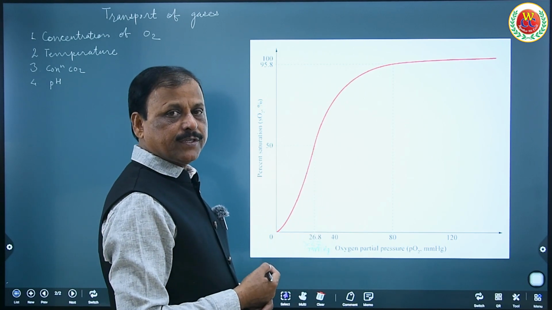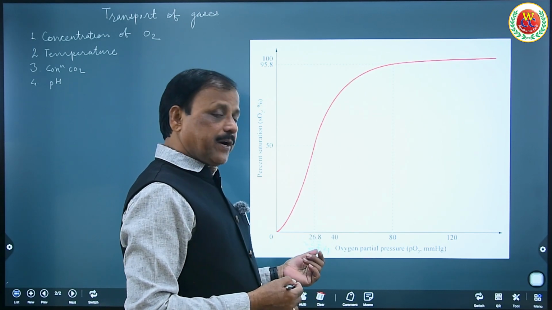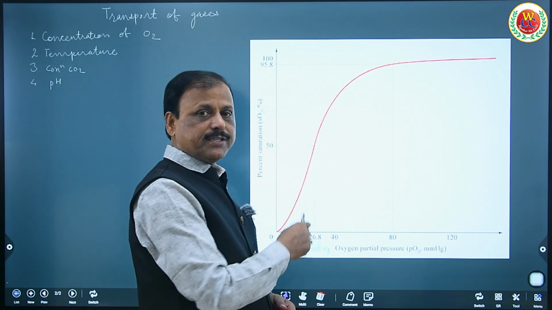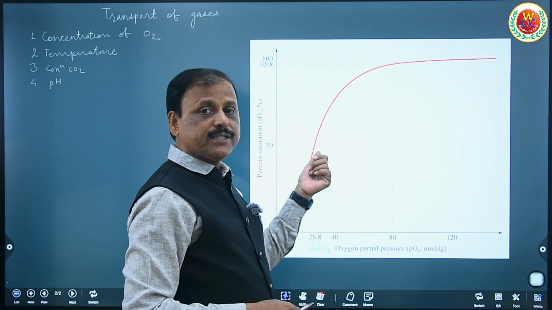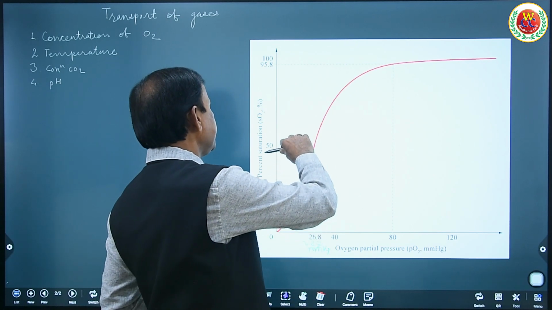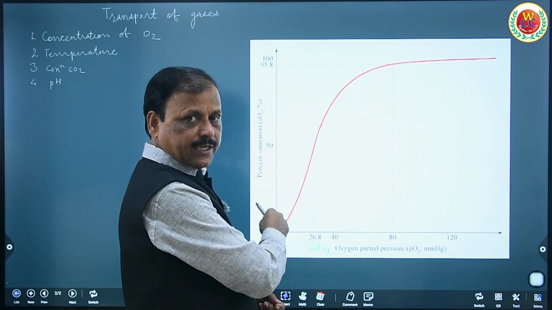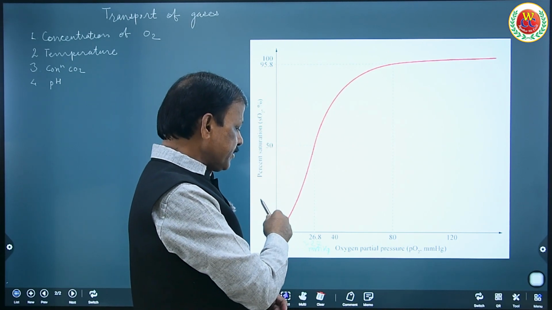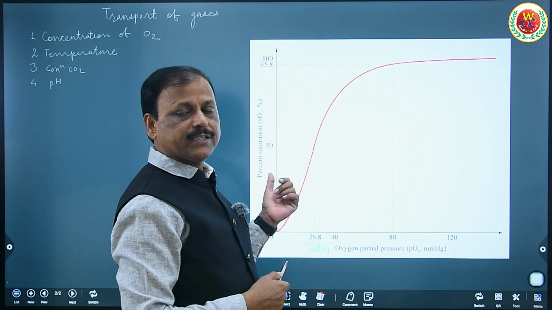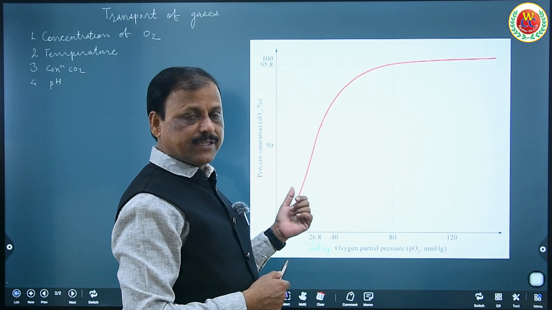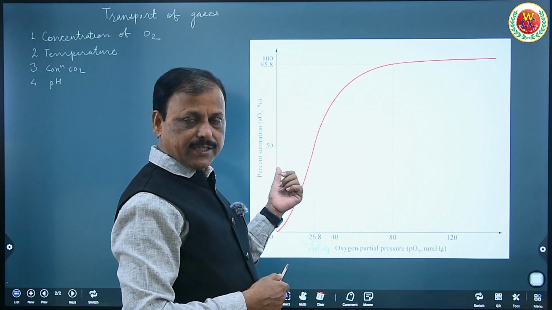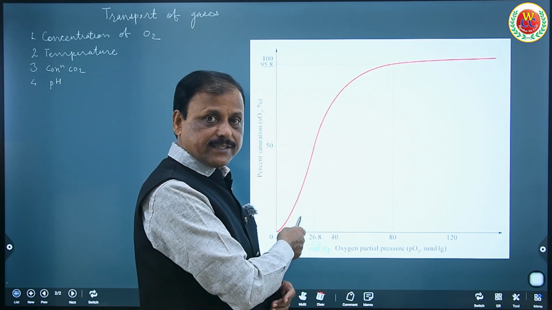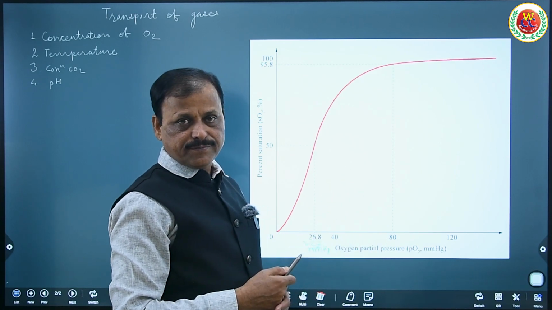So this is the partial pressure at which 50% of hemoglobin is saturated. Here, percentage saturation of hemoglobin is given, as written in the book. Therefore this plot can be called percentage saturation of hemoglobin against partial pressure of oxygen.